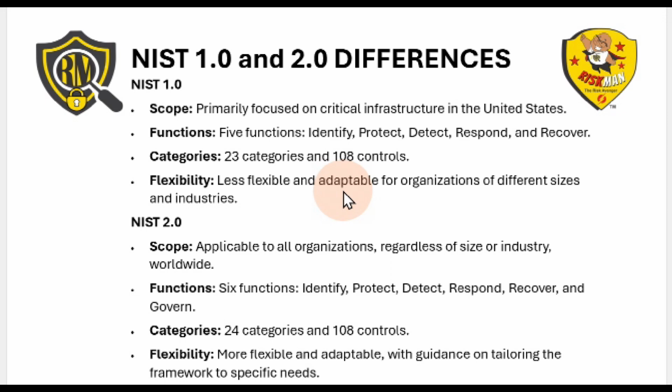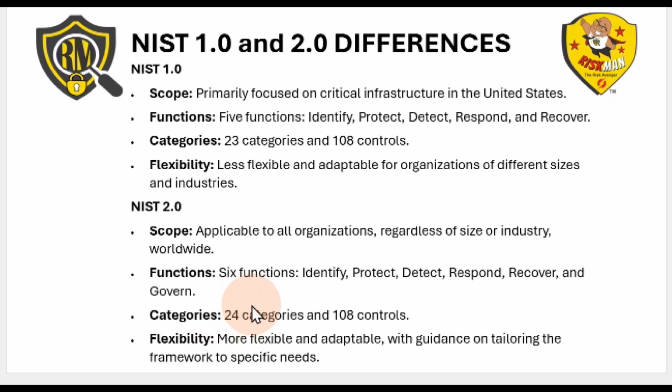So I had to do some workarounds to get it to adapt to my clients' needs. But the 2.0 is more flexible, it's more adaptable, it has more guidance, it tells you more specifically how to implement the framework, whereas 1.0 was descriptive, but not as descriptive as 2.0.